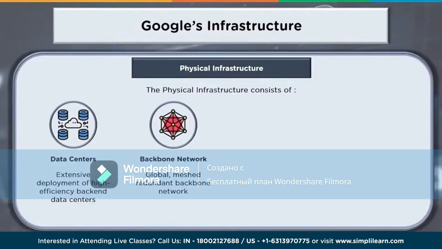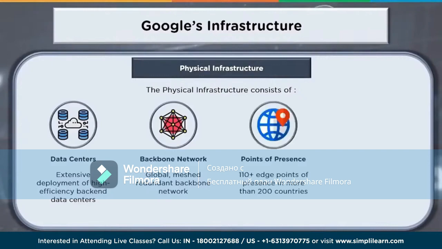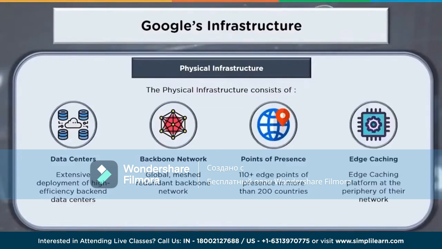So you have a global meshed redundant backbone network. Points of presence, when we talk about Google, it has 110 plus edge points of presence in more than 200 countries. And then there is the edge caching platform at the periphery of their network. So this is what defines the physical infrastructure of Google.